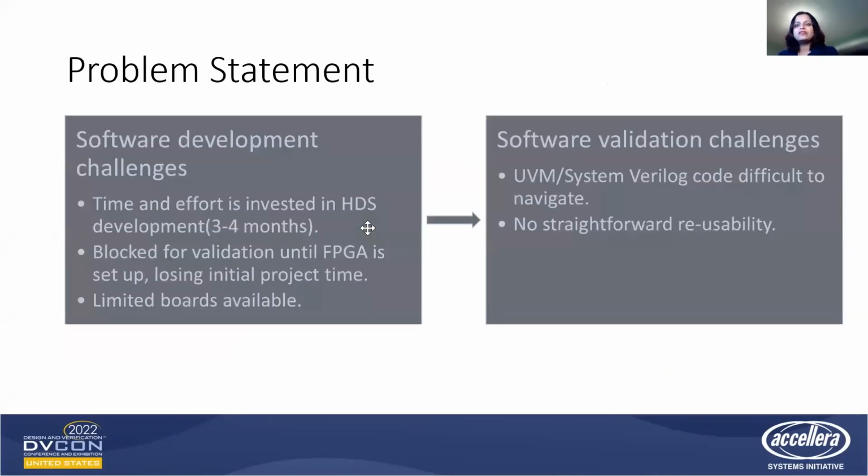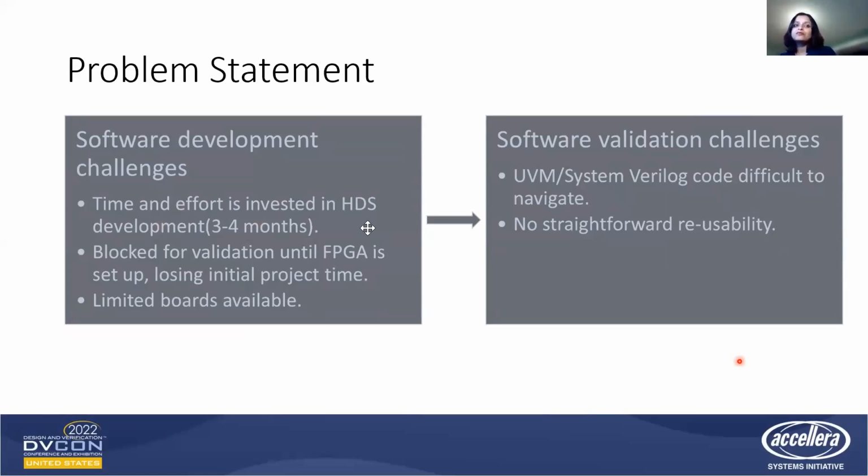So we identified and addressed the software development and validation challenges and put the initial product development time to good use. Statistically, time and effort that is invested in the HDS development ranges from 3 to 4 months or even more. The software team is blocked for validation until the FPGA is set up, which will only happen once the RTL is frozen.